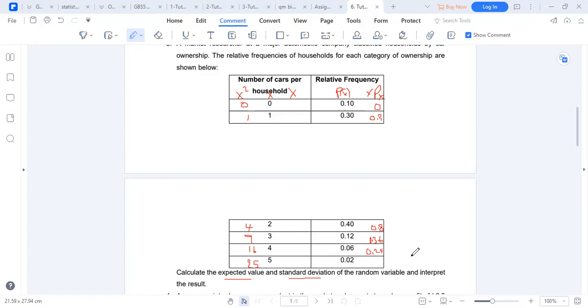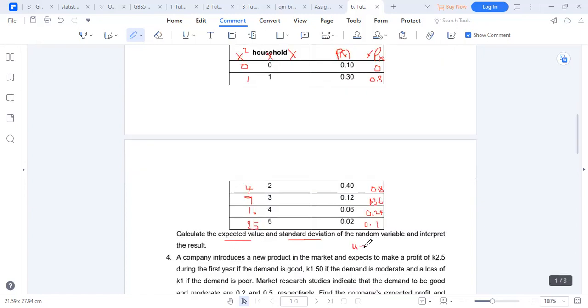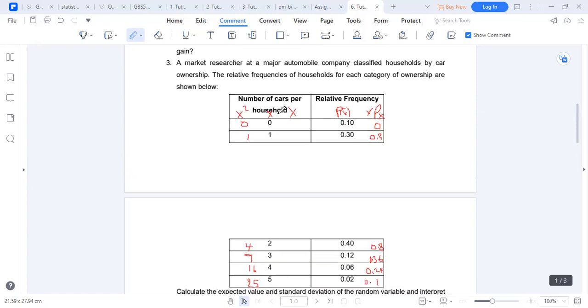And finally, 5 times 0.02, we get 0.1. So in total, 0.1 plus 0.24 plus 0.36 plus 0.8 plus 0.3 plus 0, we get 1.8. So 1.8 is actually our mean, simply the summation of x times probability of x.